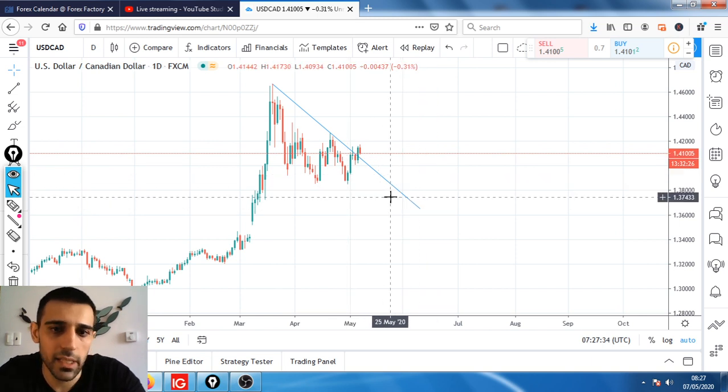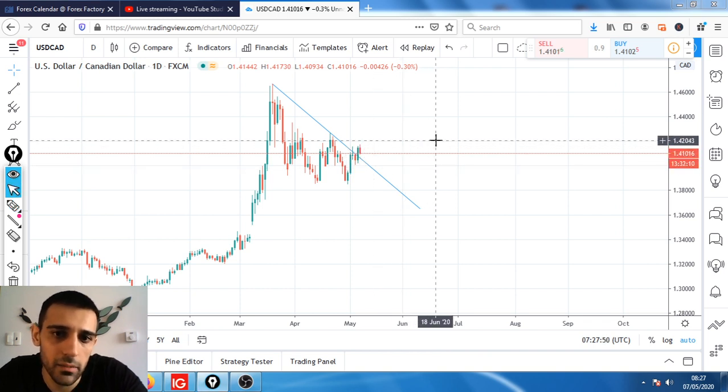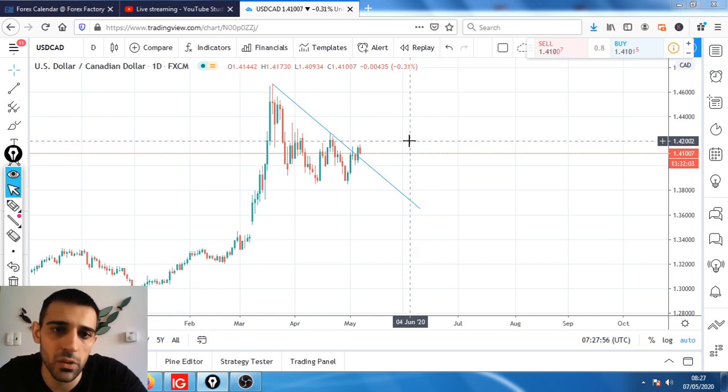On the daily time frame, yesterday we put in a nice bullish candle, and this was like a consolidation up here, and we do have these two bullish candles, and also yesterday's one. The only concern here is this resistance zone at around 142.15.